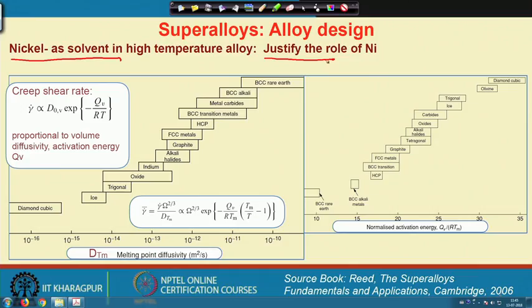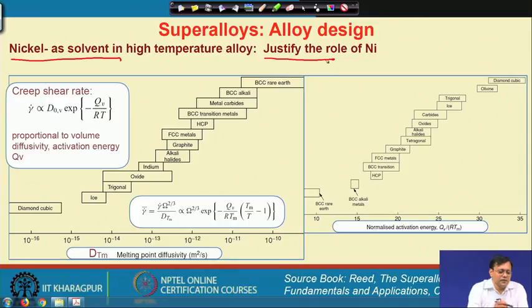The creep shear rate, expressed as gamma dot, is the rate with a constant and an exponential. This is basically a very simple Arrhenius type of equation that we already know.